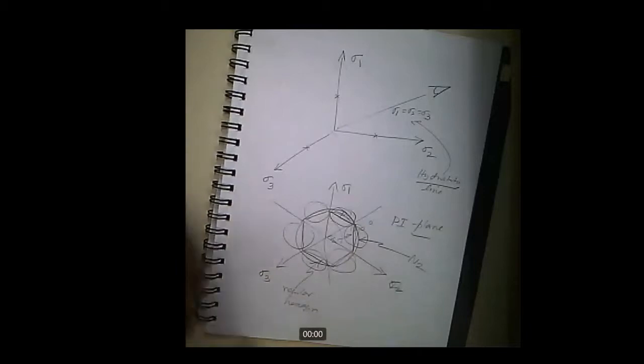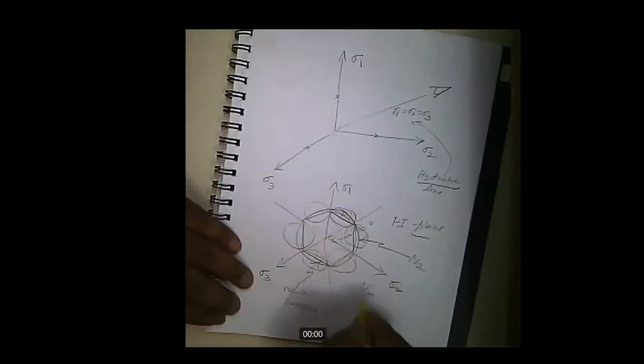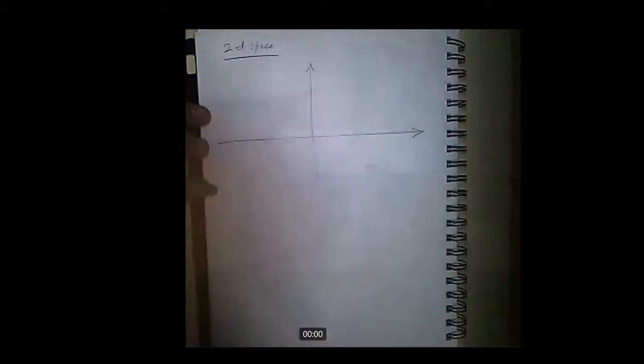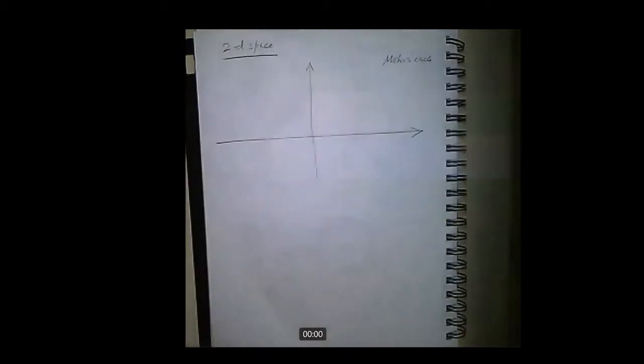So if I conduct an experiment and find out, it is possible for me to appropriately choose N, M. What I know for a two-dimensional space, which is something that I have done over and over, is the Mohr circle. Yes?